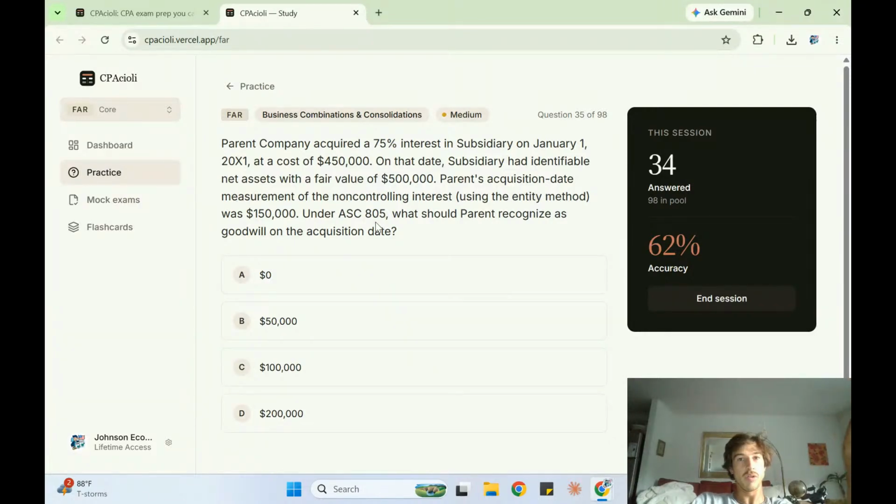And then the fair value of the subsidiary was 500, so it should be the current value, like the present value minus the fair value, which is 100,000.